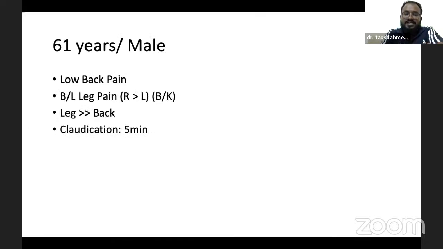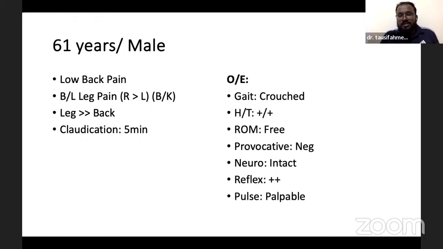Coming to the first case, this is a case of a 61-year-old male who has come to us with low back pain and bilateral lower limb pain. Leg pain is more as compared to the back pain, right-sided more than left side, and it is more below the knee. He is also complaining of claudication, he can walk for not more than 5 minutes.